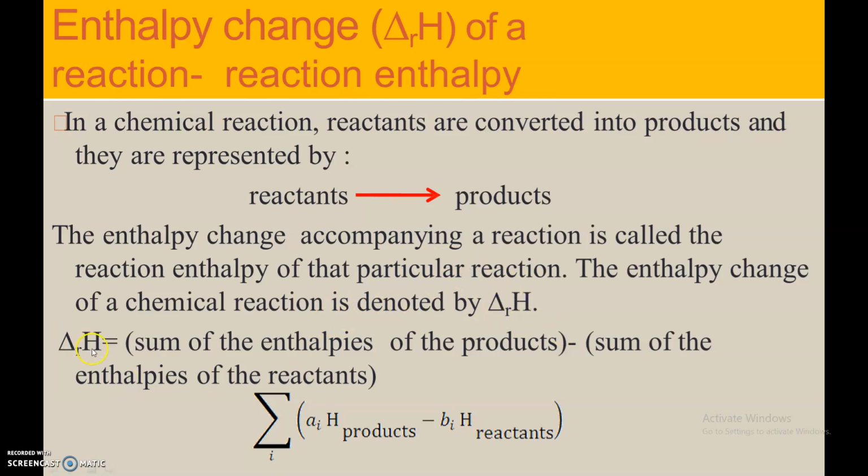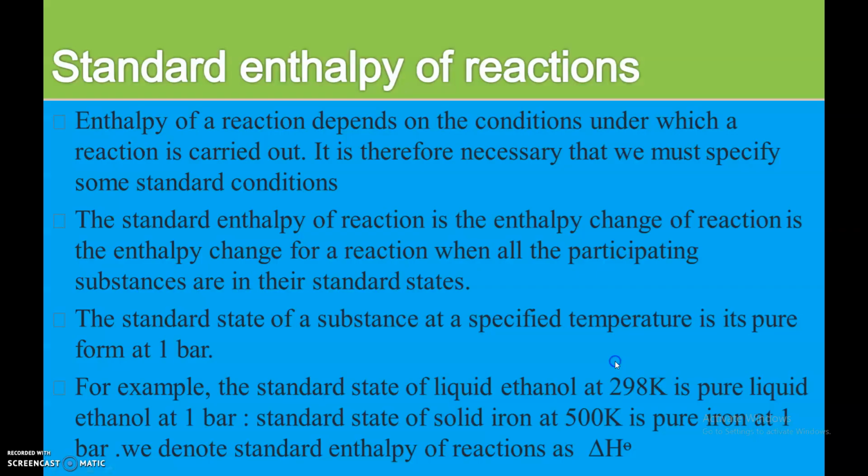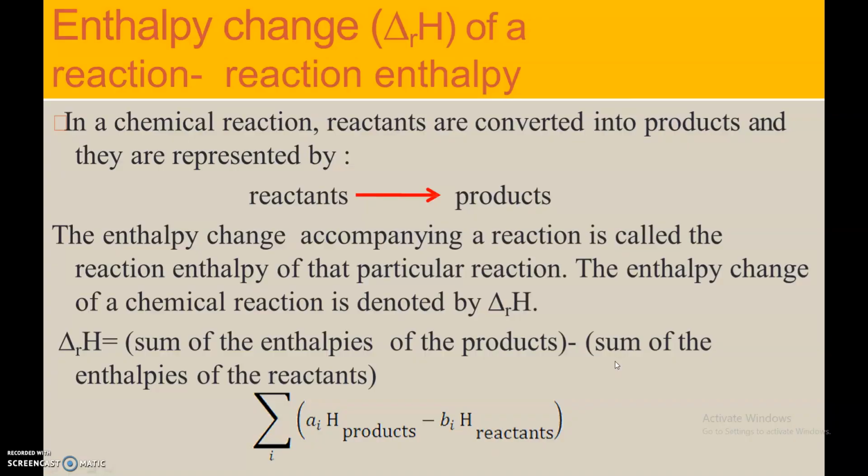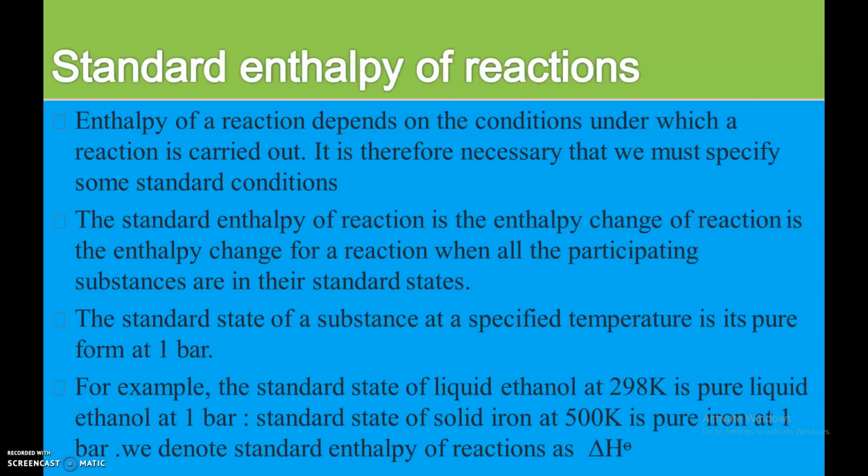So delta rH is equal to the sum of the enthalpies of the products minus the sum of the enthalpies of the reactants. This symbol is sigma, denoting the sum. By this technique we can calculate the enthalpy change. Standard enthalpy of reactions we will see in the next class.